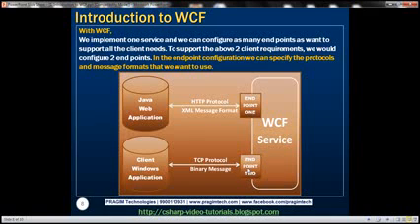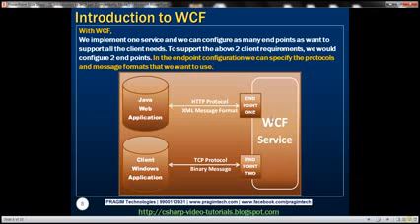Now let's say we have a third client and he wants XML messages over TCP protocol. To satisfy that client's requirement, all we do is expose another endpoint. So basically we have got a single service, but to satisfy the requirements of different clients we are configuring different endpoints. So this is a web service, this is a .NET Remoting service.